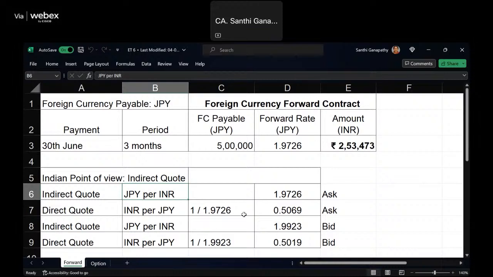So we need to apply the correct rate in order to... Is this clear?